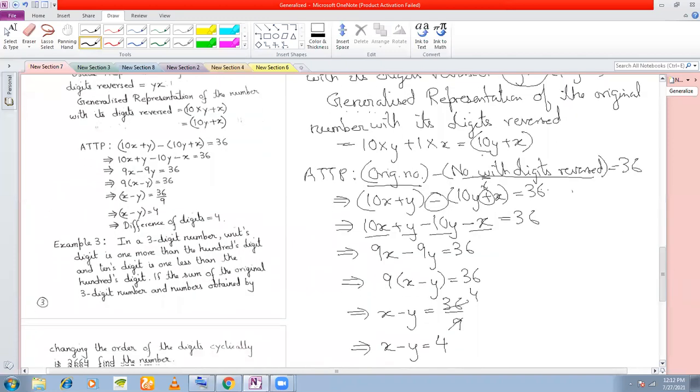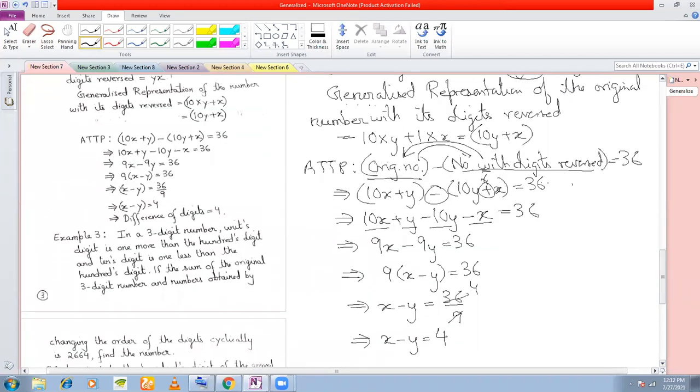So you can take it the other way, and instead of getting x minus y here, you'll get y minus x. You'll get y minus x is equal to minus 4 if you take the other way. Okay, both are correct. Is it clear?